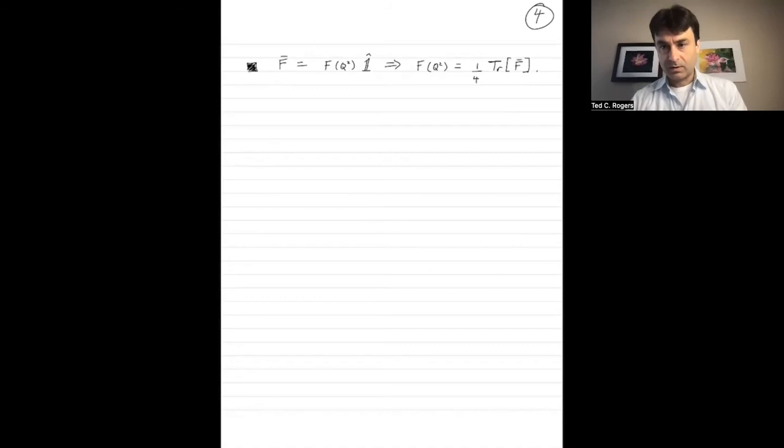If it were something like a vector coupling, like in QED, we'd have to worry about a Dirac form factor and magnetic form factor and so forth. But since we're working with the scalar theory, we just say F bar has only a scalar form factor component, and then all of the Dirac indices just have to be a unit operator. And then to pull out the scalar form factor, I just do 1/4 the trace, the Dirac trace of that F bar.